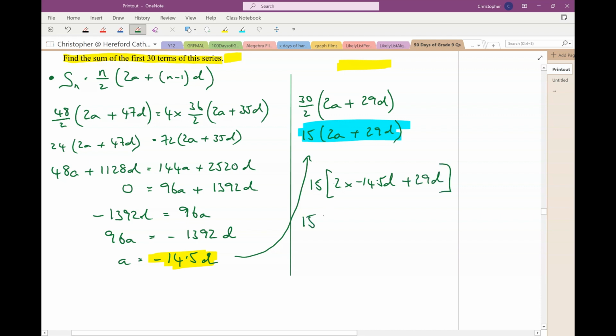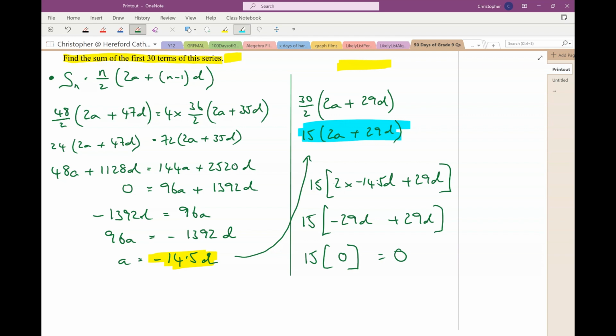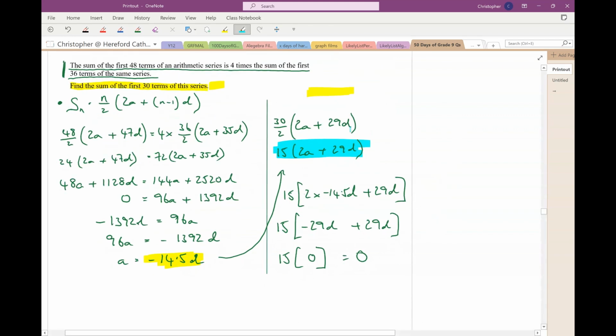It's 15 multiplied by twice minus 14.5D is minus 29D. Copy down the plus 29D. Look at that. So you end up with 15 multiplied by 0. So the sum of the first 30 terms, which is given by this expression, is equal to 0.